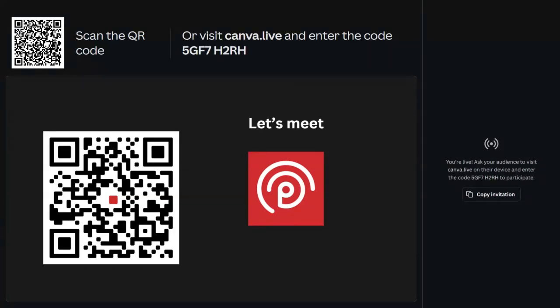So just for clarity, the big QR code in the middle next to the photo circle logo, that's to introduce yourselves. The QR code at the top, it's for you to interact on this particular session on the live Canva chat. I'm going to ask that you scan that QR code at the top, or you can visit Canva Live and type in the code that is given at the top.